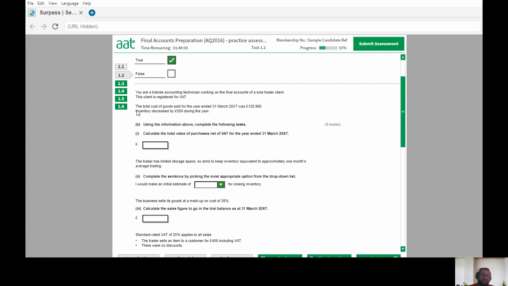This wording can be something you are normally concerned about, because they haven't told you your opening or closing inventory. They simply stated the inventory decreased by 550. How am I going to translate this into two different figures? You really don't have to, because you can think hypothetically.